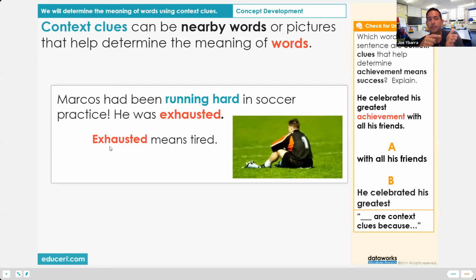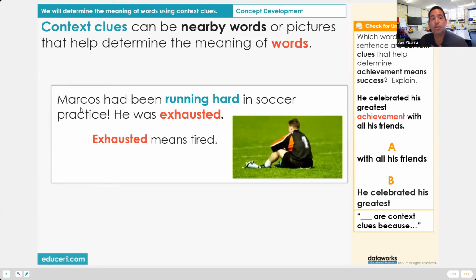Here's a gesture. I have an unknown word. Do this at home. I have an unknown word. Context clues are the nearby words to help determine the meaning of the unknown word. Now I've got a way to remember that. Very simple gesture for older students, by the way. Don't get too animated. Very simple, like balanced equation, inverse operation, simple gestures for high school students.